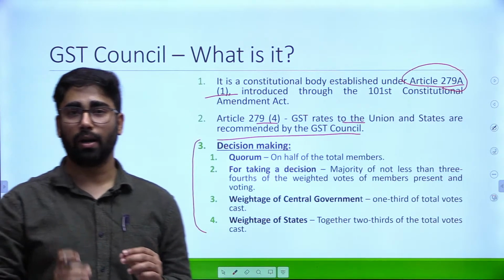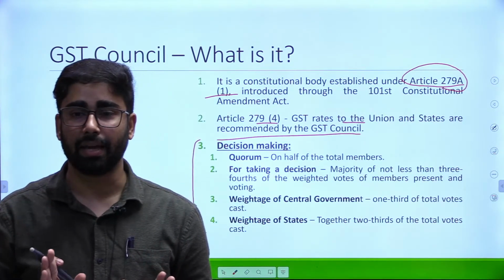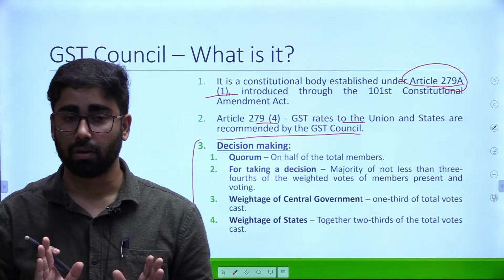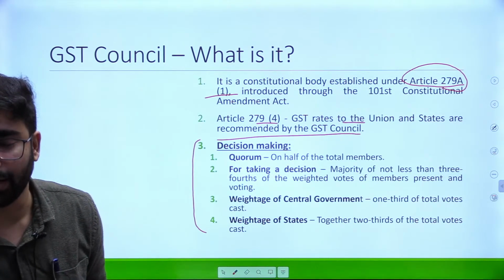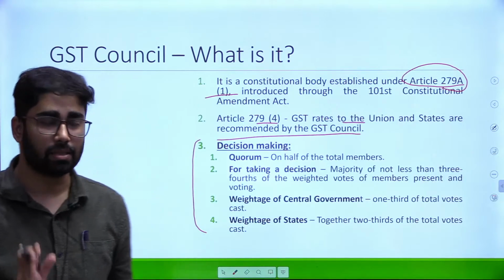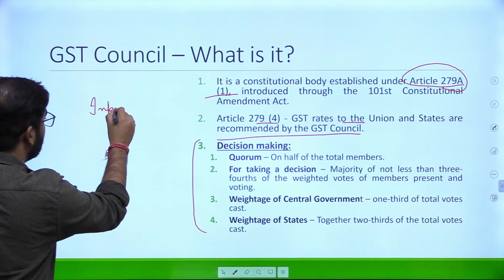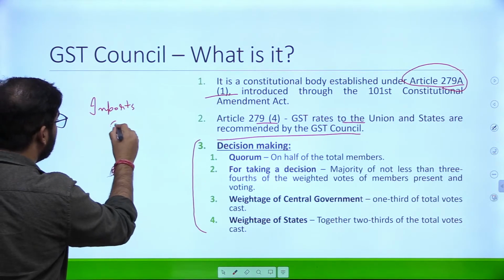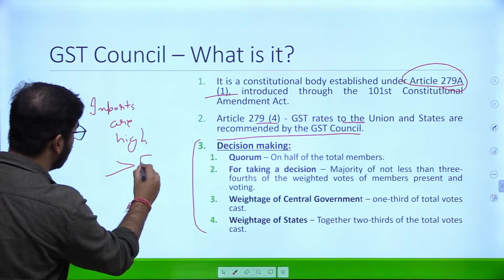The process is this: there should be a quorum of 50% of the members to make any decision. The question is, sir, how is the current account deficit improved by zero rating? See, there is a current account deficit when the imports are higher than the exports.